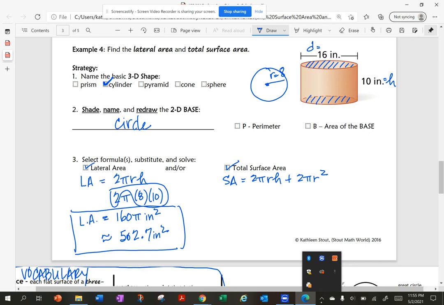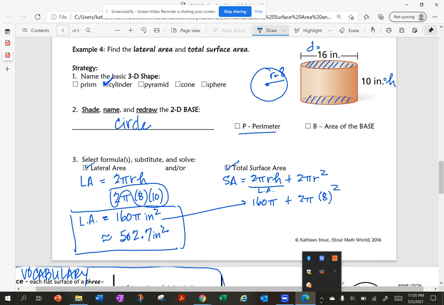Okay, to find my total surface area, this is the lateral area here, right? So I'm going to bring the lateral area here, which is 160 pi plus 2 pi 8 squared.